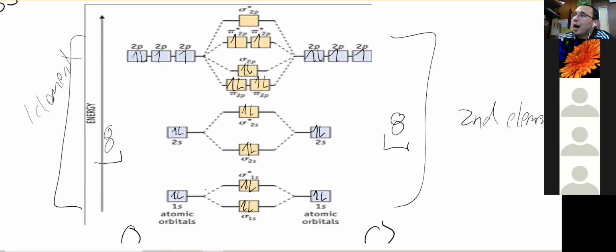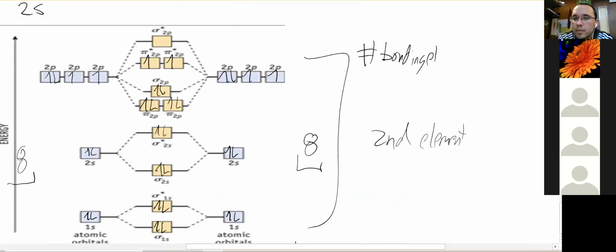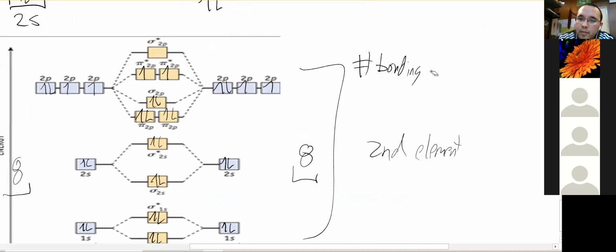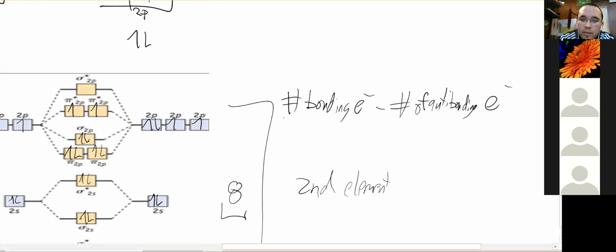And so when we talk about bond order, bond order is your number of electrons in your bonding orbitals minus the number of anti-bonding electrons. And then what else do we need to do for our bond order?